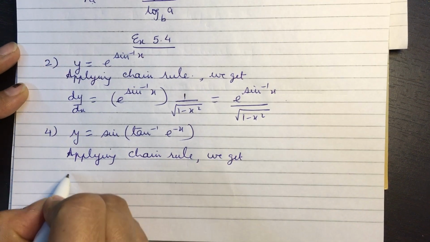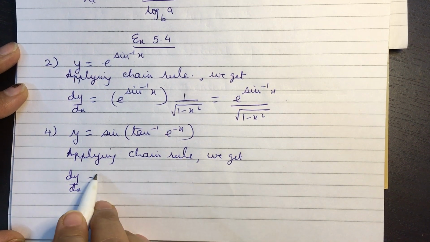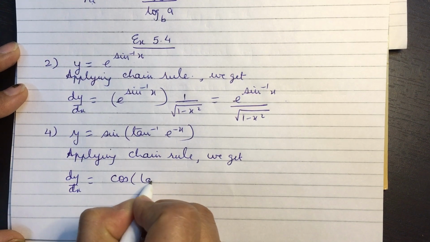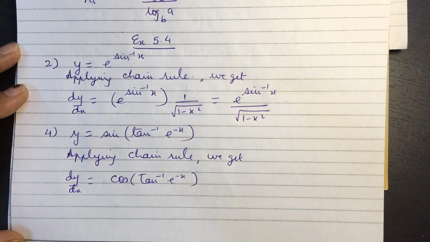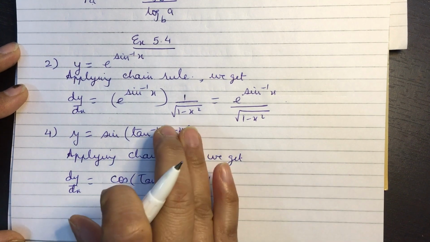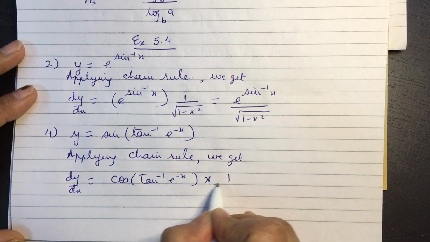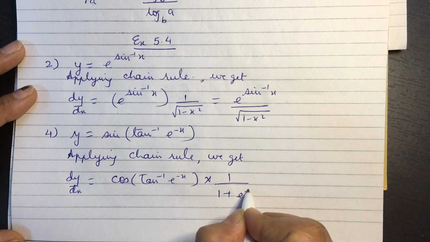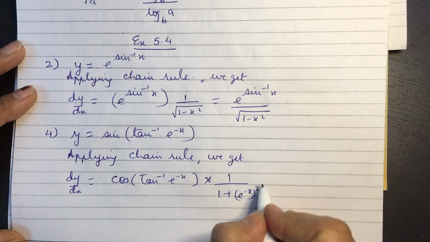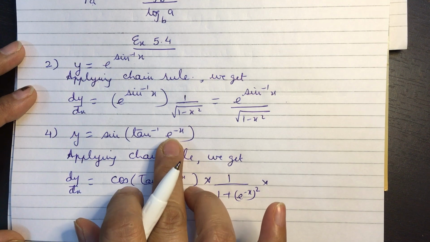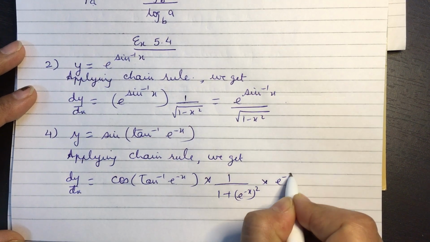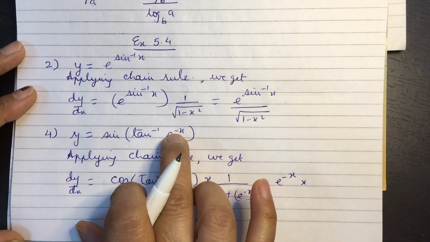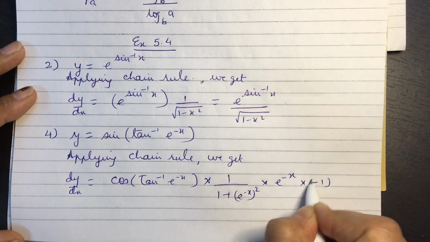We get dy by dx is equal to, now the outermost function is sine, derivative of sine is cos, and the whole thing gets copied down as it is. Then into, you come across tan inverse, derivative of tan inverse is 1 upon 1 plus x square. Now here in place of x you have e raised power of minus x, so this square into, now you come across e raised power something, derivative of that is e raised power that, into, you come across minus x, the derivative of minus x is minus 1.